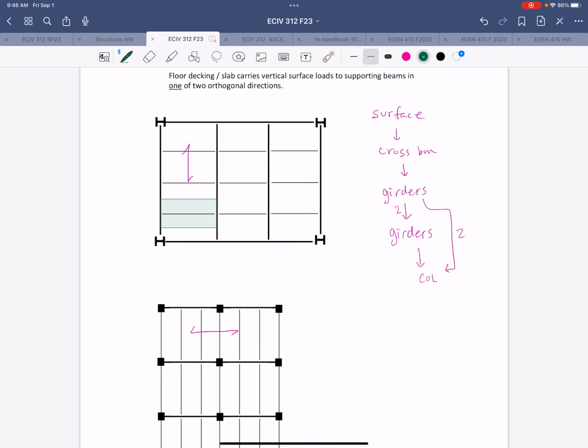So with that in mind, and everything else that we've talked about, why don't you think about a crossbeam and then one of these interior girders has a tributary area like that. And just sketch what the load application would look like on each of those beams. What would the free body diagram of a crossbeam look like, and what would a free body diagram of the interior girder look like?